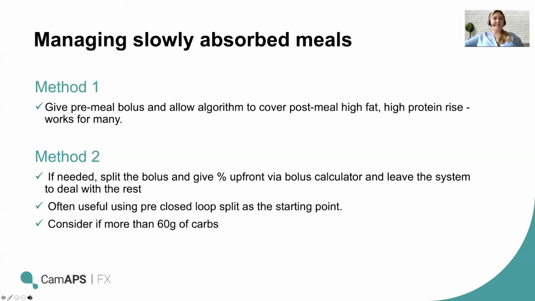As a starting point, if you did something before using a closed loop system, so if you had a pizza or pasta type meal, a large amount of carbs, and you used to do a 70-30 split, 70% up front and then 30% later, just start with that same split. Give the 70% up front in the bolus calculator as you normally would, but then leave the system to deal with the remainder of the carbohydrate.